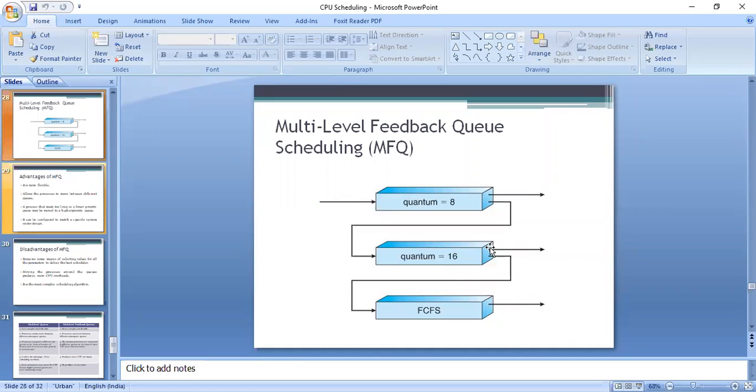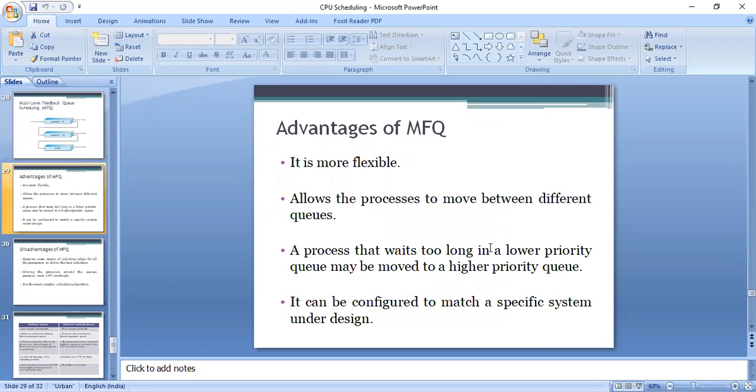So it actually prevents the problem of starvation, right? Those who are waiting for pretty long to get the resources can definitely get the resources at the lower level, where we have implemented first come first serve. So there are various advantages of multi-level feedback queues.